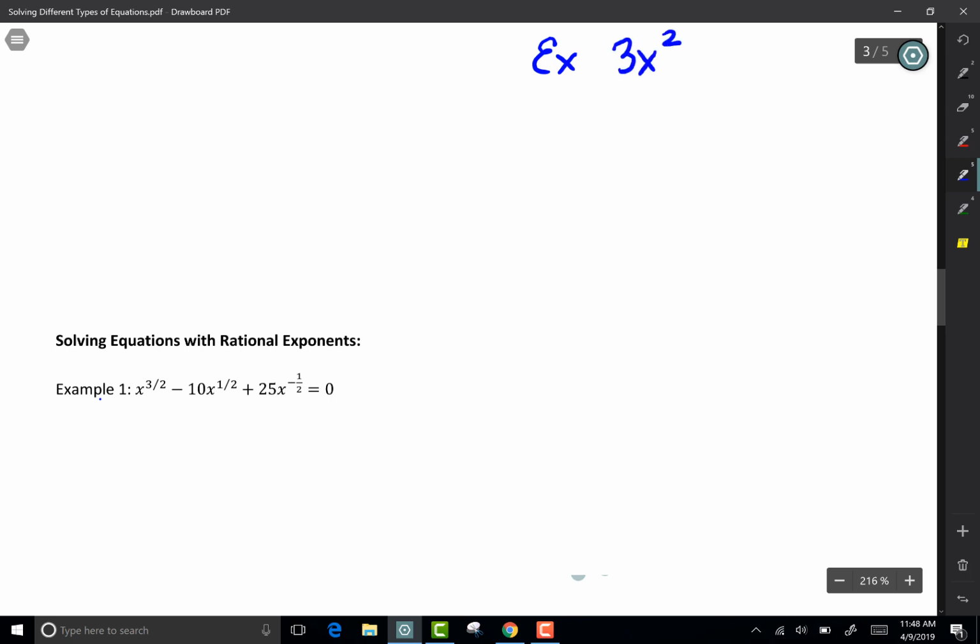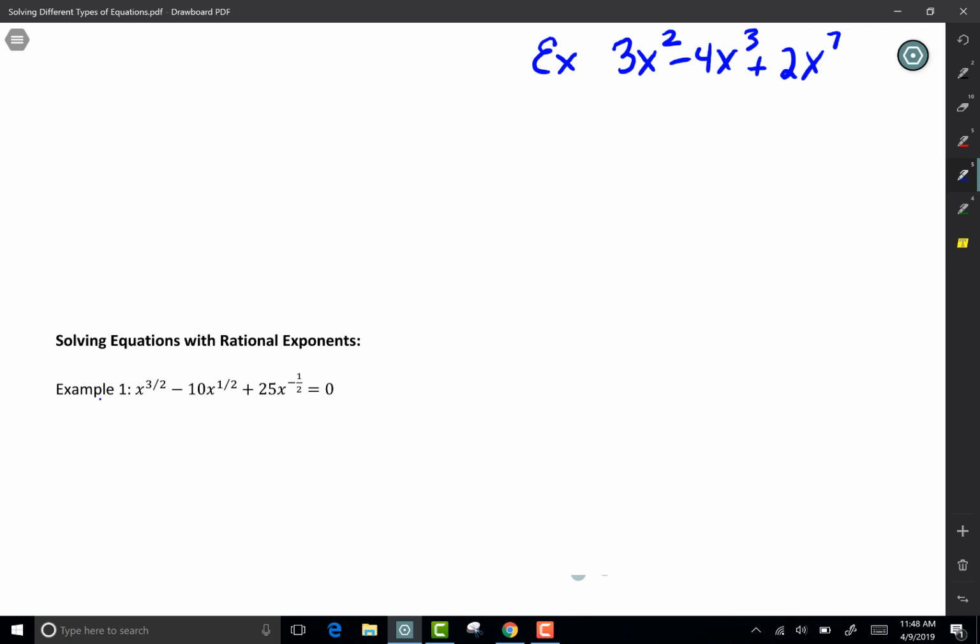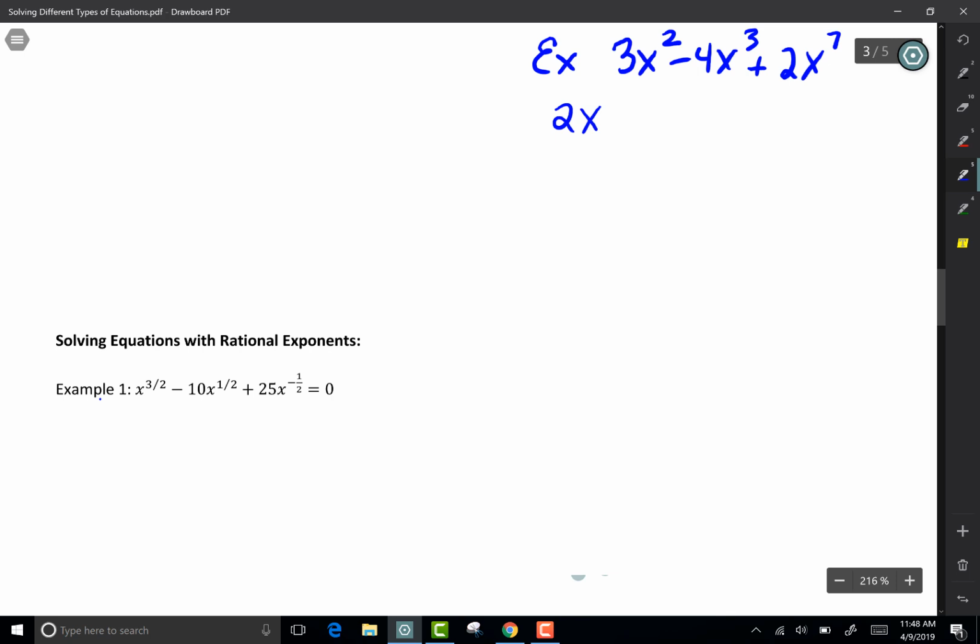So if I give you the example 3x squared minus 4x cubed plus 2x to the 7th, and I ask you to factor that. Normally what we do is we like to write things in descending order, meaning we write it from the largest to the lowest exponent. So I'm going to rewrite it as 2x to the 7th minus 4x to the 3rd plus 3x squared.